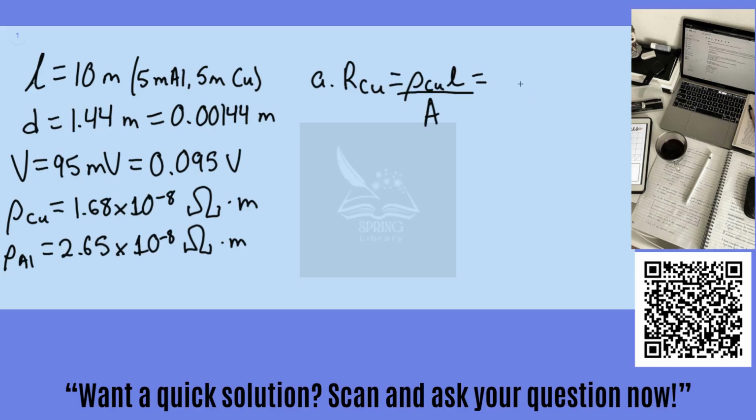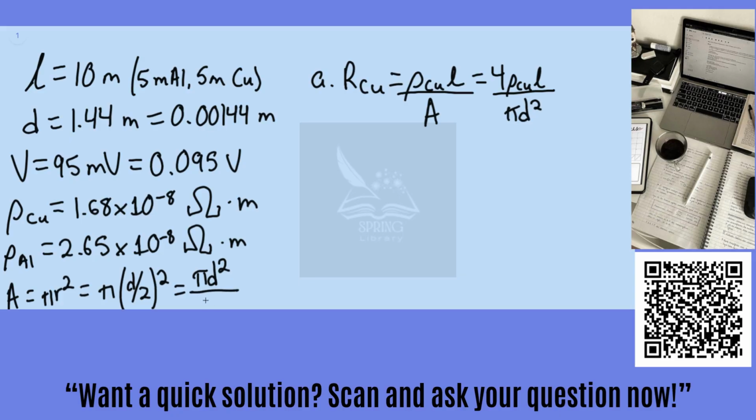So this will equal 4 times rho sub Cu times L over pi d squared. How we got the factor of 4 is from the area, because area equals pi r squared. So this will equal pi times (d over 2) squared. So this will simply be equal to pi d squared over 4.